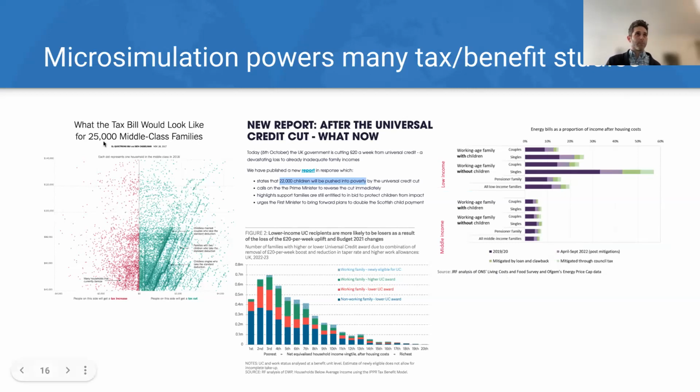So for example, for the Trump tax cuts, there was a really cool interactive visualization that the New York Times built. Washington Post had a similar visualization. These were actually using the open source tax model that came out of the Policy Simulation Library. And same thing in the UK, you often see these decile breakdown charts. Those are all pretty much the result of microsimulation models. And you can break down not just by income category, but break down the impact of policy reforms by other demographic characteristics, really any demographics or other characteristics that are in the data set.